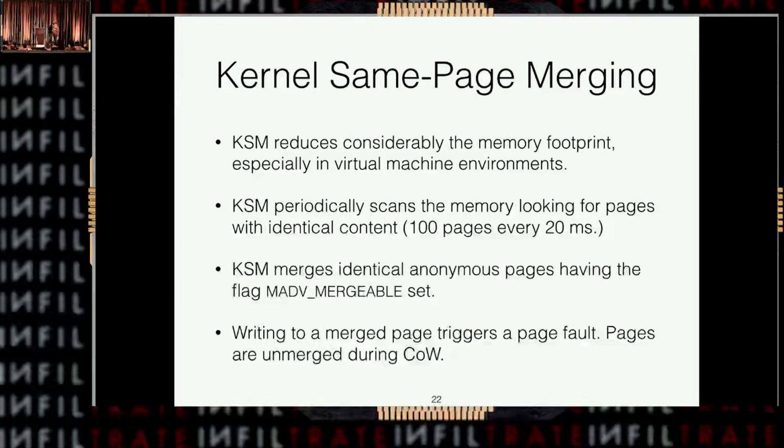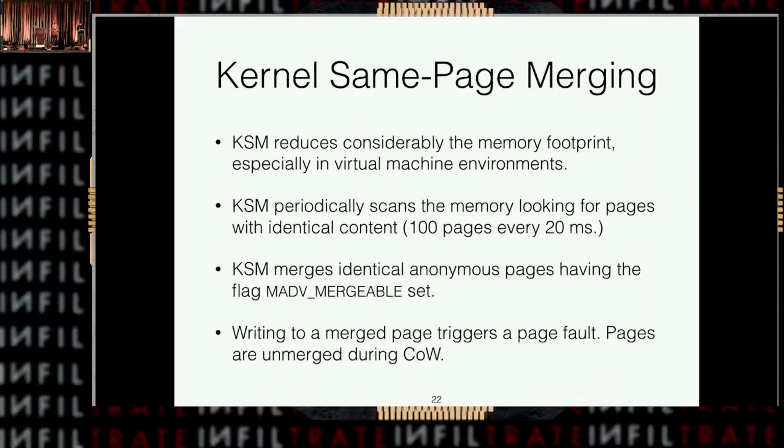For example, in a sample configuration, it will scan 100 pages every 20 milliseconds. Once it finds 2 pages with the same content, and if the pages have the flag MADV_MERGEABLE set, it will merge the 2 pages, so they will share the same physical page.